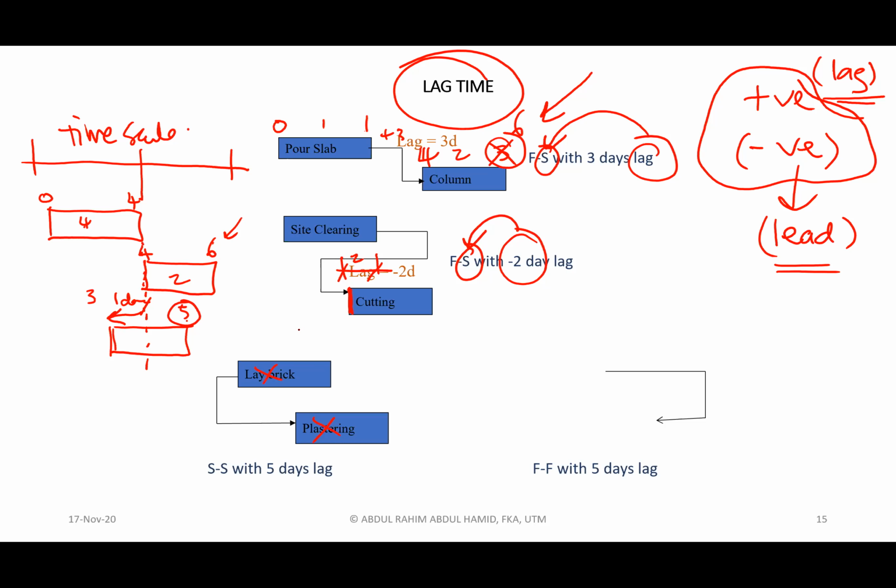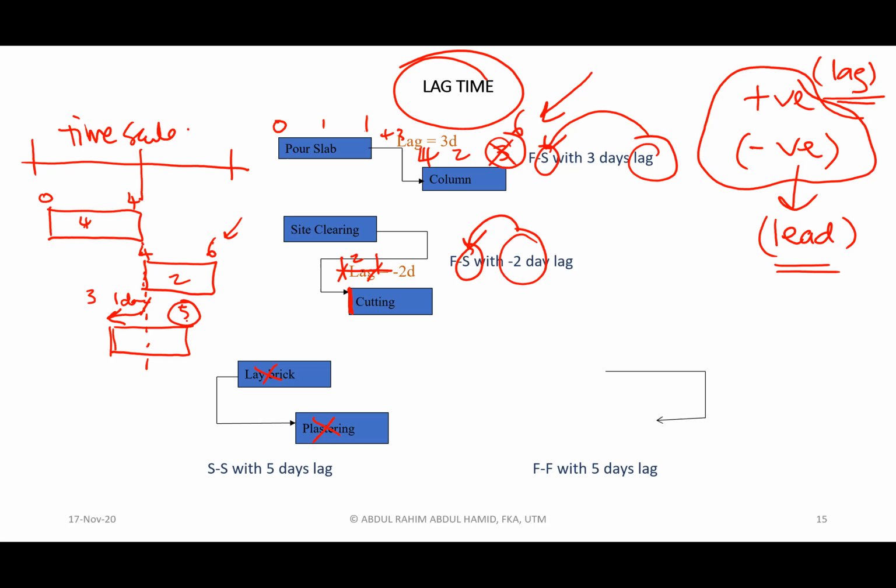When you want to put a certain relationship, both activities have to have some kind of logic. You cannot plaster much earlier than the completion of laboring, which is impossible, isn't it?